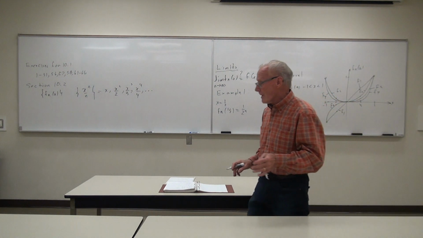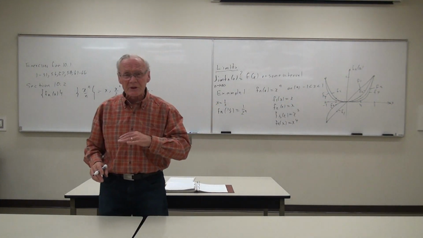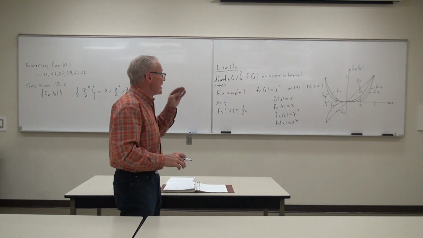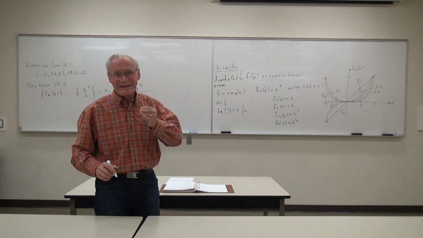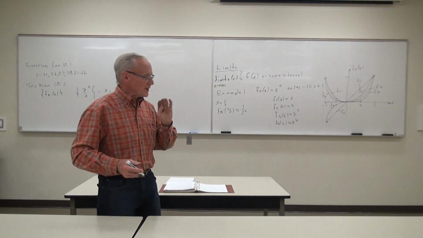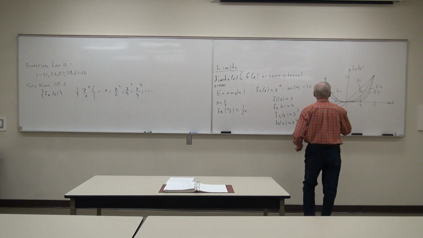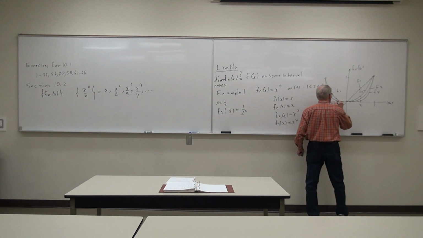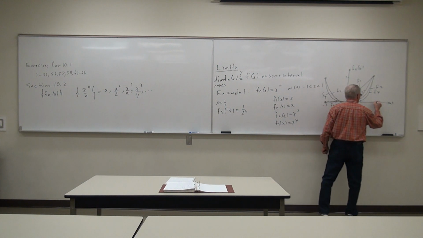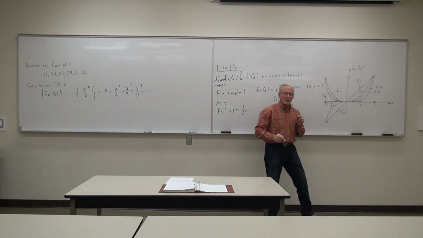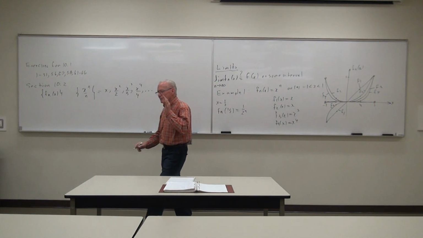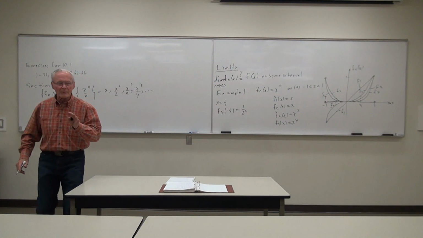But is it true that no matter which of those sequences of numbers you look at, they all approach 0? That these graphs are approaching this function, hole here, hole here.